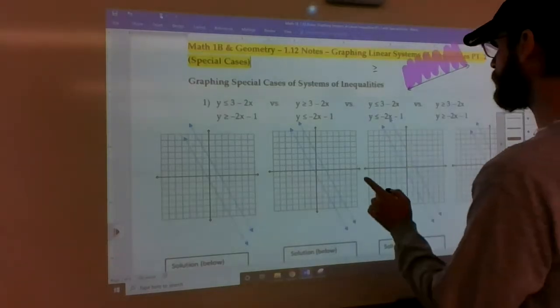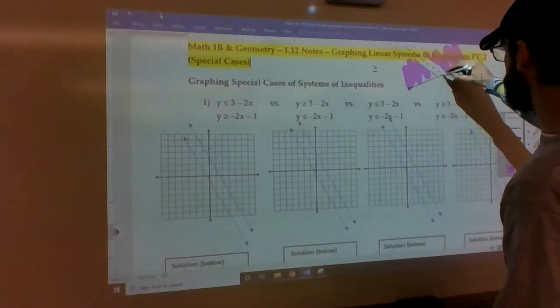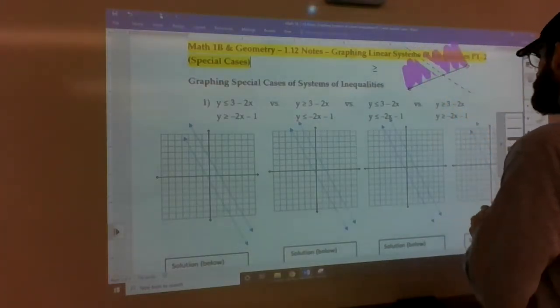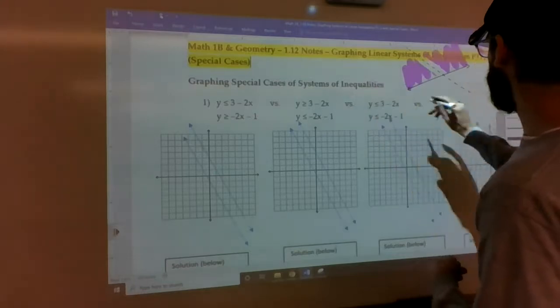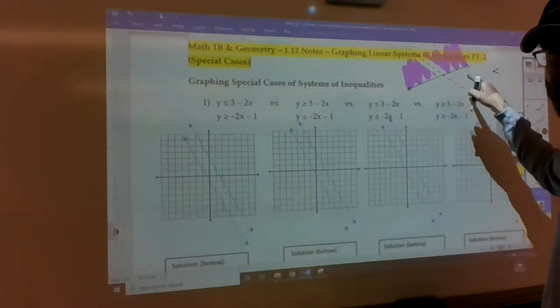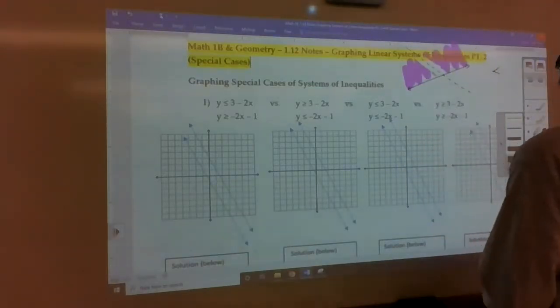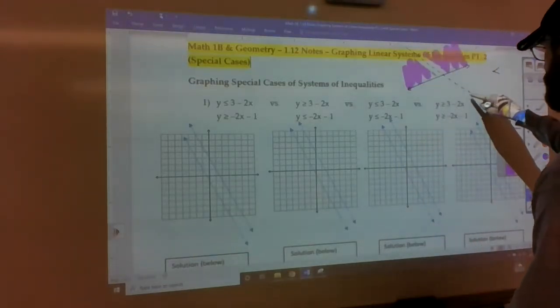If you had another line that, say, looks like this, and you were given that it was a less than situation, it's a dashed line, and you would shade below that line, which would look like this.